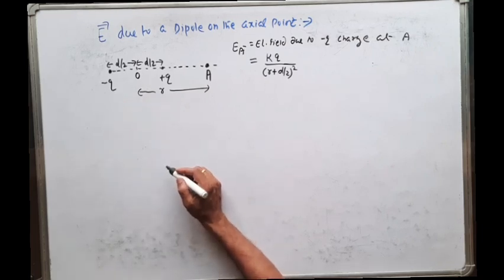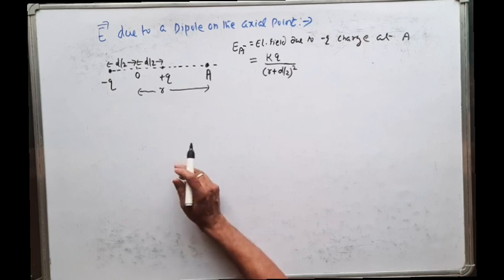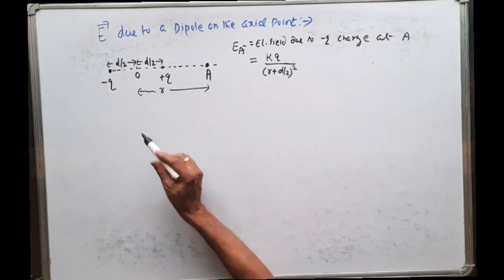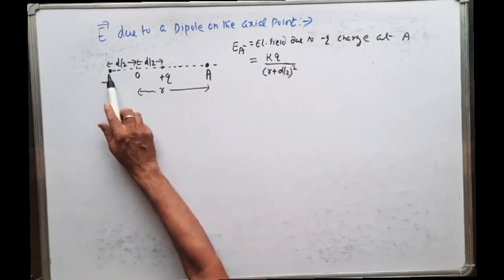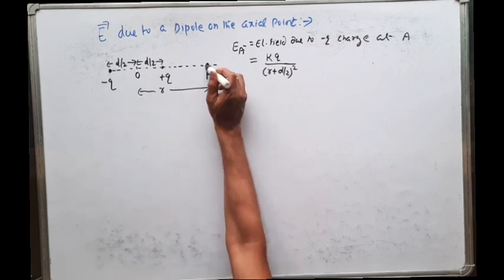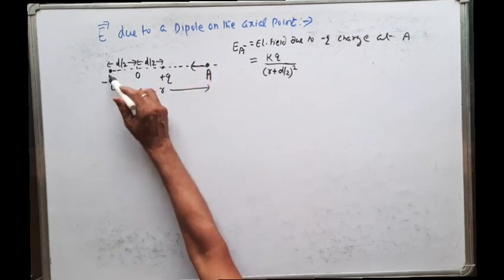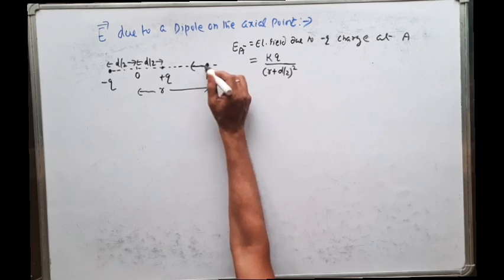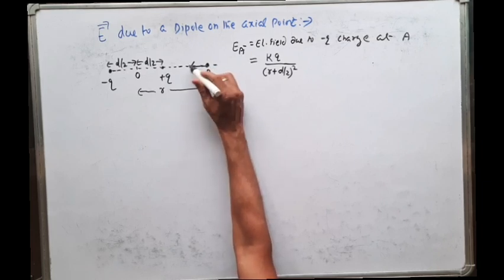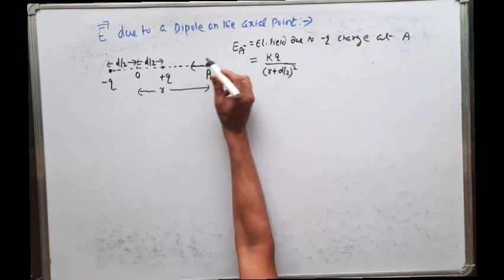And you have to find the direction. There are two methods to find it. For a negative charge, the electric field is always towards it. So the electric field at any point is always towards the negative charge. Since it is minus q, the direction of the electric field at A is towards the negative side.